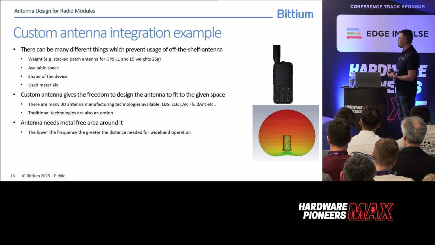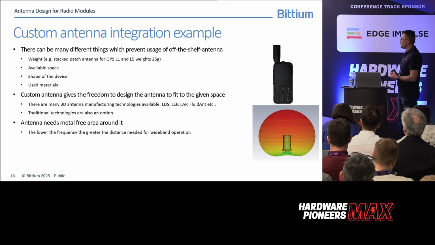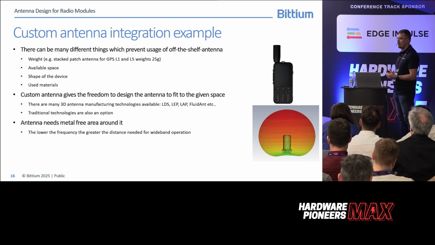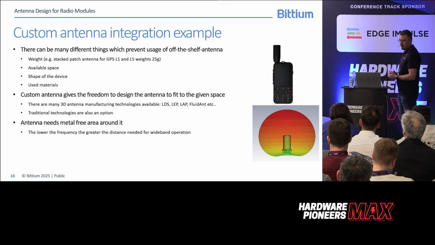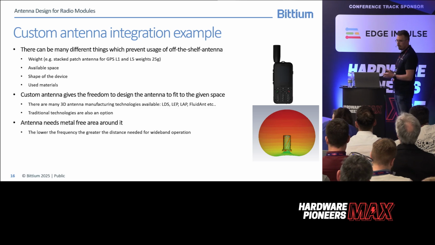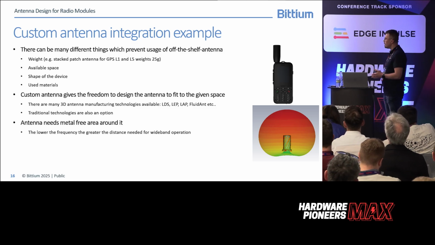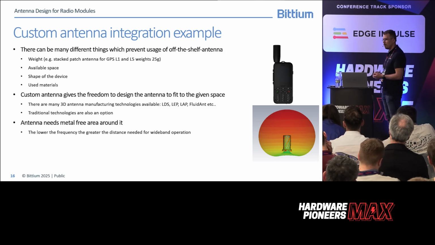Fluidant is conductive ink, and there are many others also. But traditional technologies like sheet metal antennas and flexible FPCs can also be used. An antenna needs a metal-free area around it, so the lower the frequency, the greater the distance needed for wideband operation.